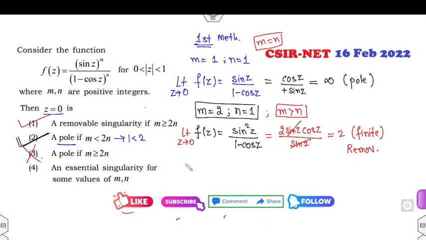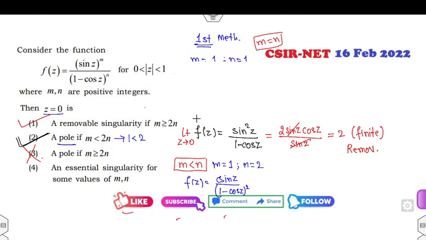Now the third case I will consider is when m is less than n. So I can choose m is 1, n is 2. Then what is my f of z? This is sine of z over 1 minus cos z, squared. Then let me clear this screen.